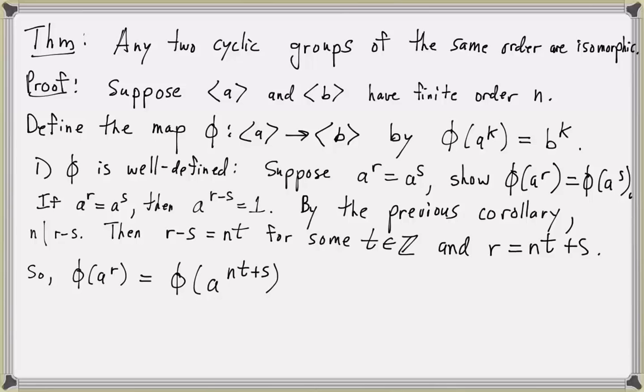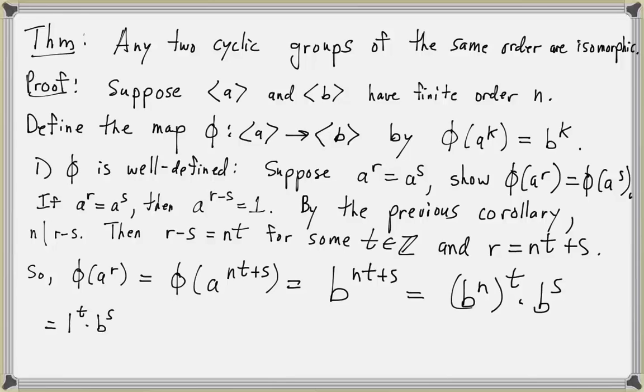By definition, this maps to b to the power nt plus s. I can write this as b to the power n raised to the power t times b to the power s. But b has order n, so this just equals the identity to the power t times b to the power s, which equals b to the s, and that is equal to phi of a to the s.